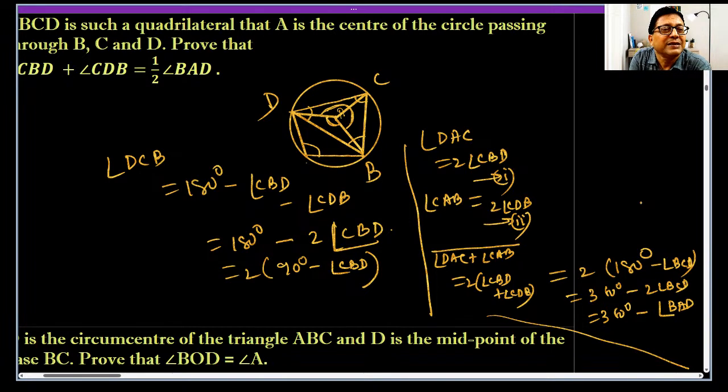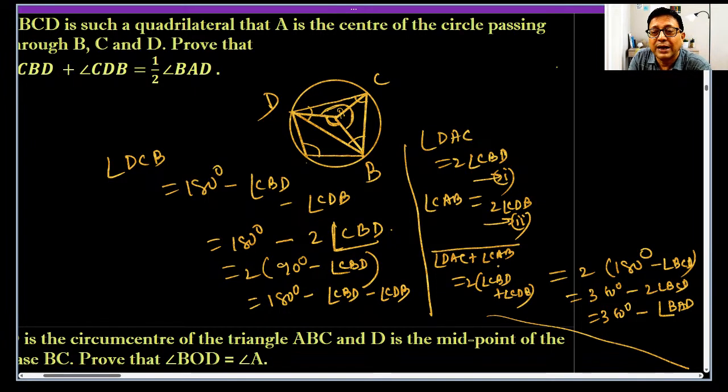CBD plus CDB, what have you got? DCB is 180 minus CBD minus CDB. So 360 minus this angle is going to be equal to angle BAD.